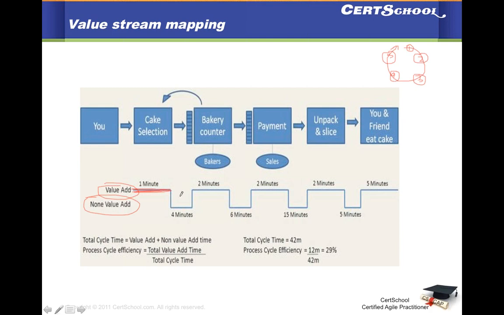Then you have to go to the bakery counter to order that cake. If that's taking you 4 minutes, those 4 minutes really are of no value. It's not adding any value toward the goal that you're trying to achieve. When you're at the bakery counter and you tell the baker which cake you want, and that takes about 2 minutes to convey, that is a value add.